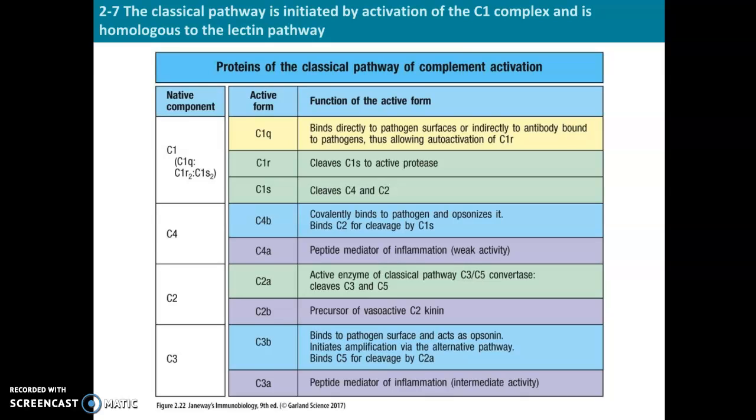So as far as anaphylatoxins are concerned, the weakest anaphylatoxin is the C4a. C3a works a little bit better, and C5a works the best. And then, like I said, C2b goes on to be vasoactive also, but it's not going to act like an anaphylatoxin and produce all of inflammation.